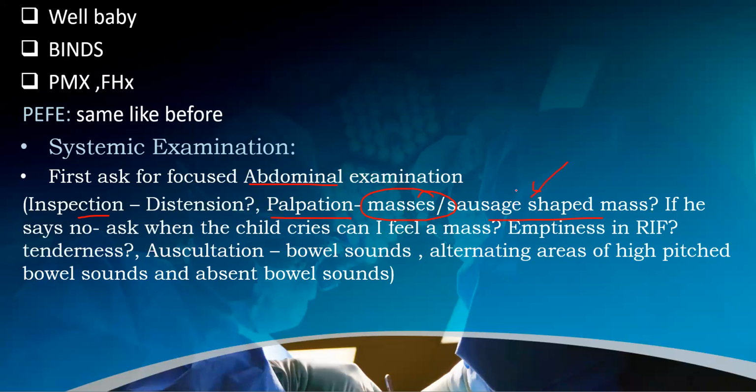So if you are sure that this is an intussusception case, and you asked the examiner, is there any palpable mass? Examiner says no. You can then ask again, when the child cries, can I feel any mass? Sometimes at that time, the examiner gives you that, yes, when the child cries, you can feel a sausage-shaped mass.